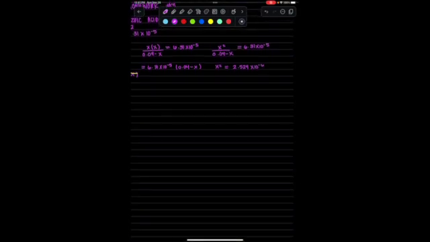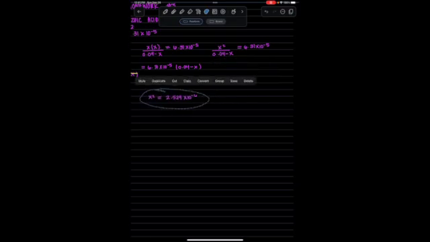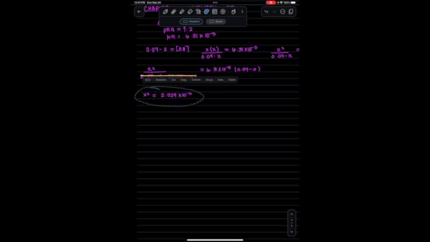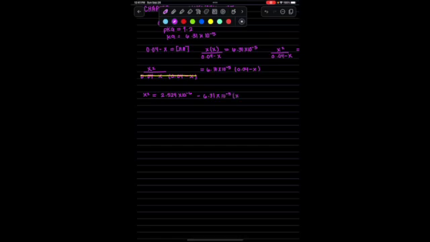Oh, it doesn't go over anymore. Hold on, let me move this. x squared equals 2.524 times 10 to the minus 6 minus 6.31 times 10 to the minus 5 times x. So then we're going to subtract 2.524 times 10 to the minus 6 from both sides, and we're going to add 6.31 times 10 to the minus 5 times x on both sides.